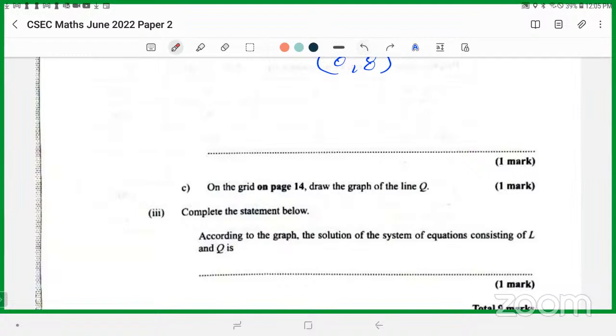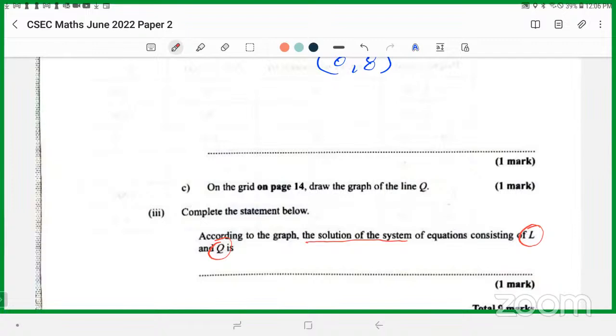Down here now it says on the grid on page 14, draw the line Q, which we have done. Then it says now complete the statement below. According to the graph, the solution of the system of equations consisting of L and Q. These are the 2 lines on the graph. The solution of the system is the point where they intersect.